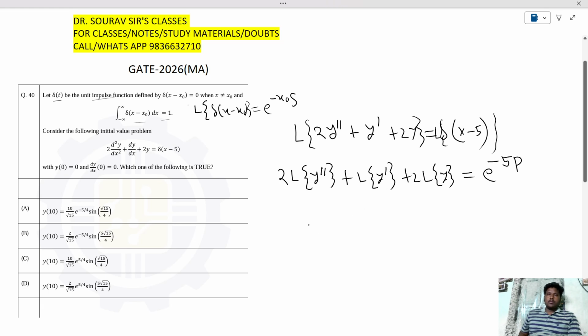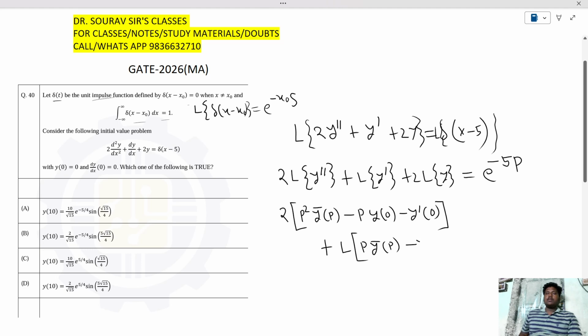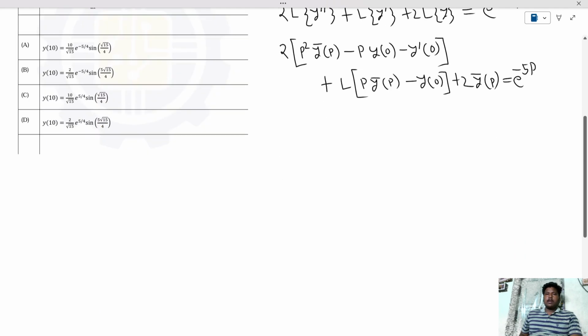So using the simple formula p square y bar p minus p y0 minus y dash 0, this is the formula of Laplace transform of the double derivative of y, plus L of y dash, this is p y bar p minus y0, plus 2 y bar p equals e to the power minus 5p.